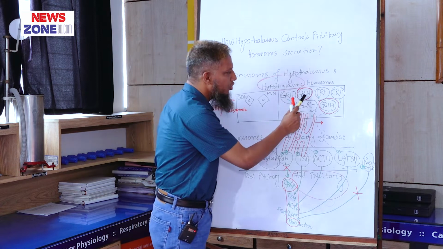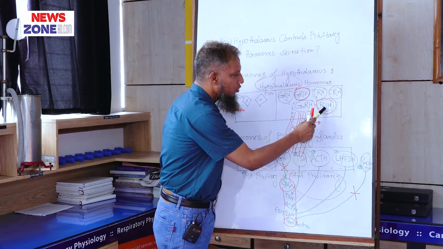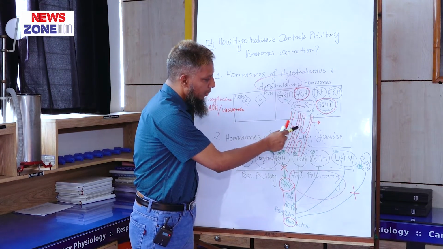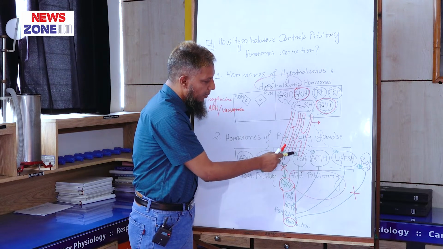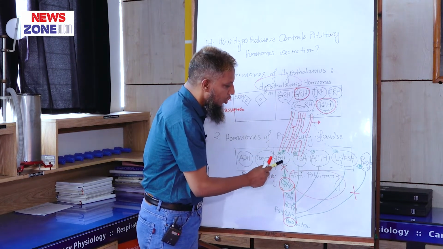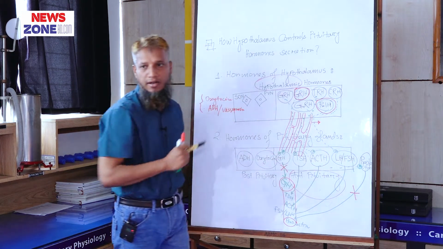And some inhibitory hormones, like growth hormone inhibitory hormone or prolactin inhibitory hormone or factor, release from the hypothalamus, and via portal blood vessels they reach the anterior pituitary, and they inhibit growth hormone secretion as well as prolactin secretion into the blood.